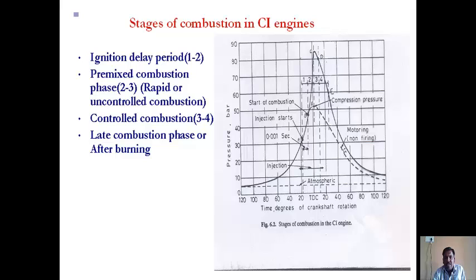Third one is point C. It's the maximum cylinder pressure developed inside the cylinder, when we are close to top dead center, around 2 to 5 degrees after TDC. Next is point D, the end of diesel injection. So this slide clearly shows that diesel injection starts around 20 degrees before TDC and will be completed around 10 degrees after TDC. The total injection duration is around 20 to 30 degrees of crank angle.